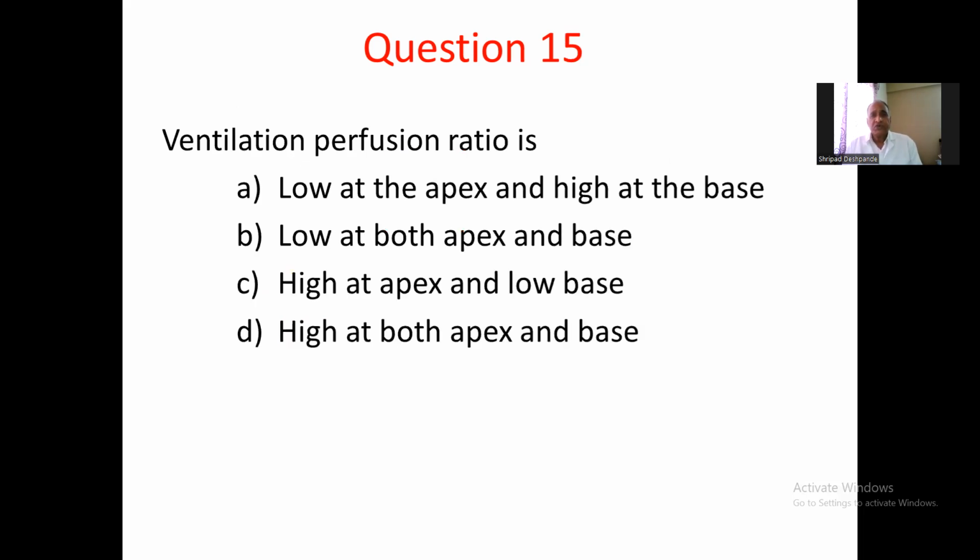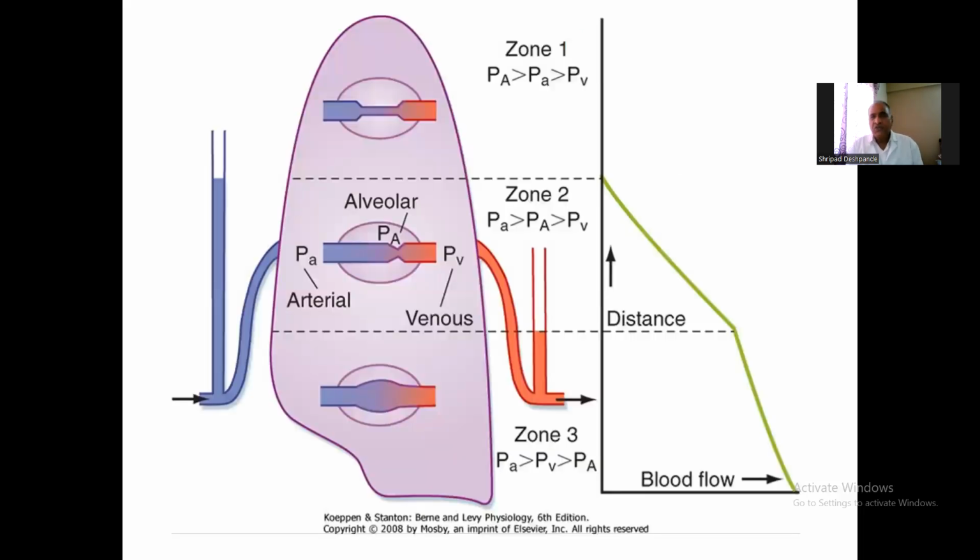Ventilation perfusion ratio is A, low at the apex, high at the base. B, low at both apex and base. C, high at apex and low at base. D, high at both apex and base. If you look at the apex here at the top, the ventilation is same. However, the capillaries are compressed.